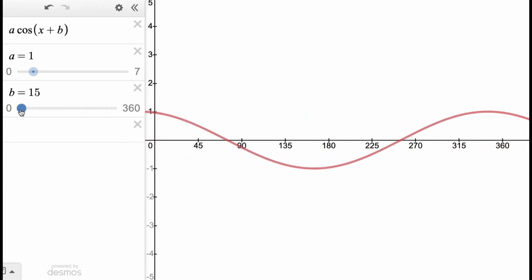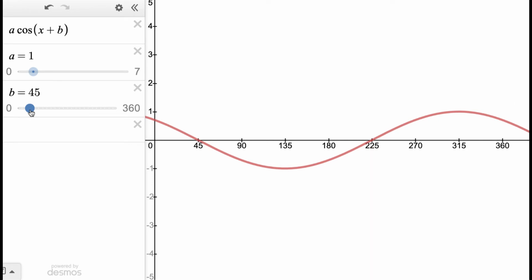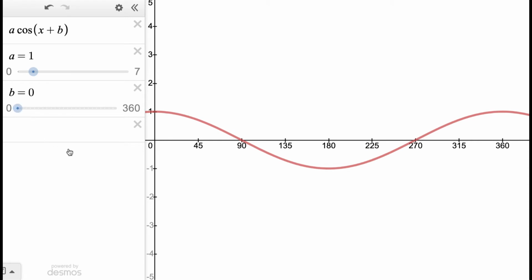In particular, I've moved the cosine graph 15 degrees to the left, 30 degrees to the left, 45 degrees to the left, and so on. So that's the effect of adding a number to the angle. It moves the cosine graph to the left. So let's now go back to the question.